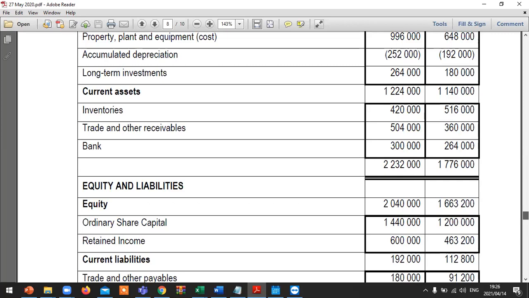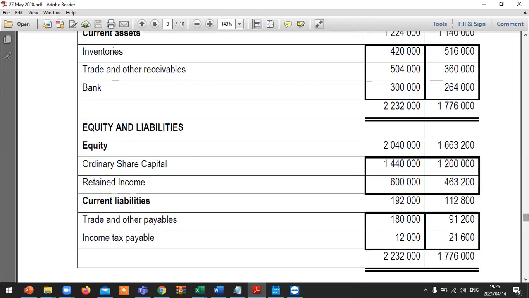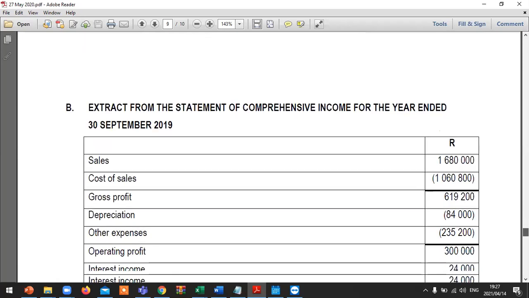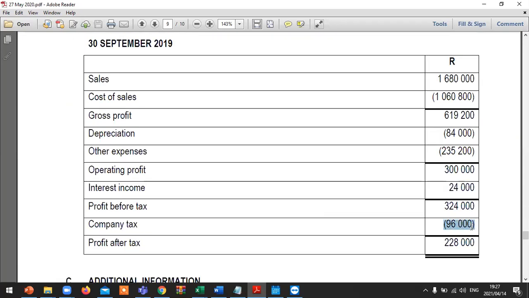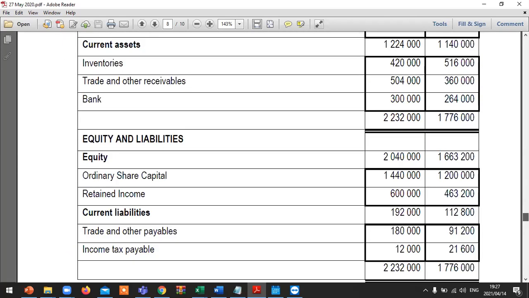So a very important question was asked yesterday as to how do we deal with the income tax payable if it's shown under current assets or if it's owed to the business. I said that you're gonna add that amount because it's an overpayment. So let's quickly apply the formula. The formula says that if you're given income tax under current liabilities together with the company tax under the statement of comprehensive income, you're gonna add the previous balance.